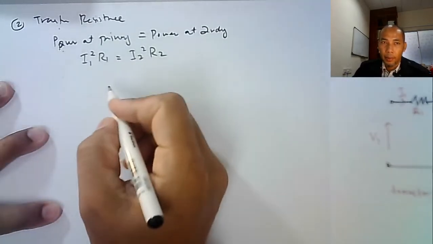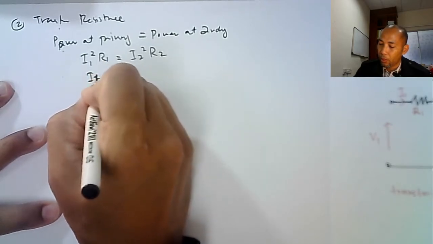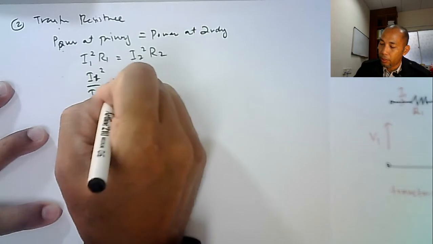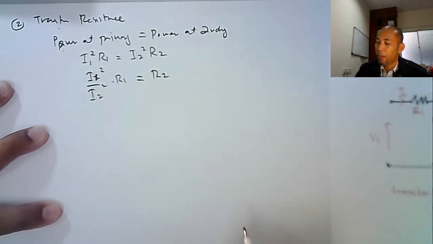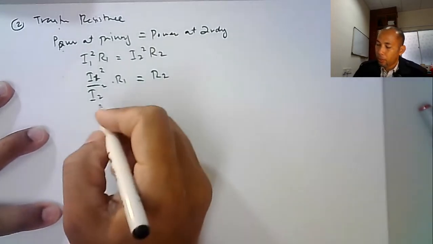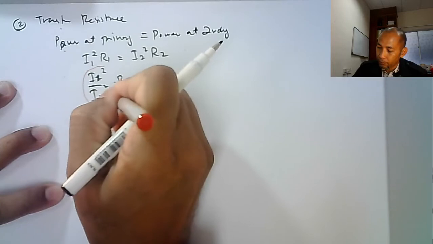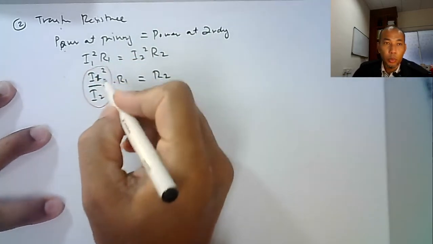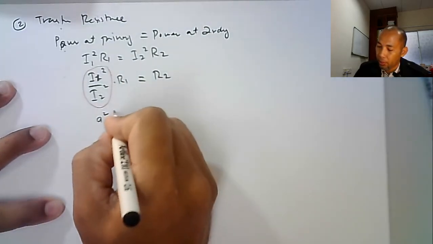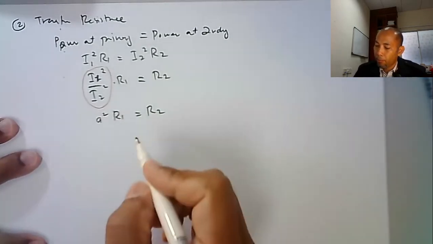Now just rearrange it. I2 over I1 squared times R1 equals R2, which is A square, the turn ratio squared. So A square R1 equals R2.